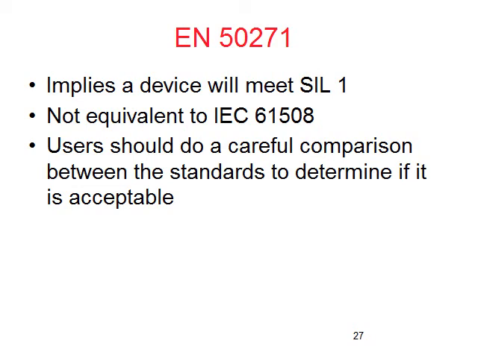So it basically says in the standard, hey, if you do this, you're going to meet SIL 1. But if you compare 61508 and EN 50271, they're not the same standard. So I think anybody using that should do a careful comparison between the standards and determine if the things covered for them in EN 50271 make it acceptable for their application.